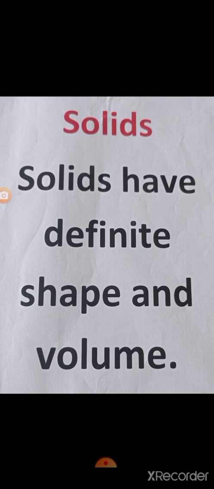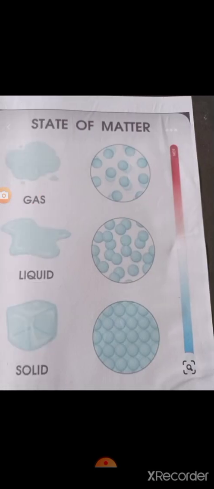So, the arrangement of the mass, like mass is made up of tiny particles, so the arrangement of mass is like this. See, in solid, this is the solid ice cube, and in this ice cube the tiny particles are closely attached.